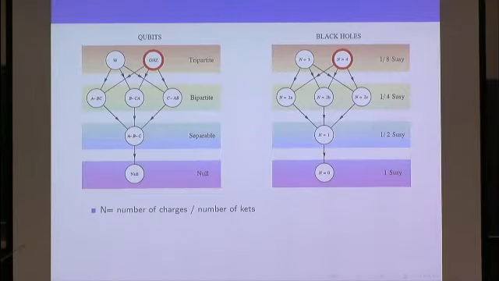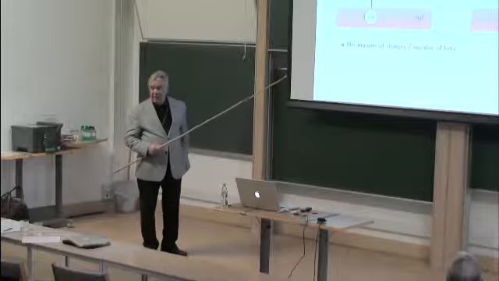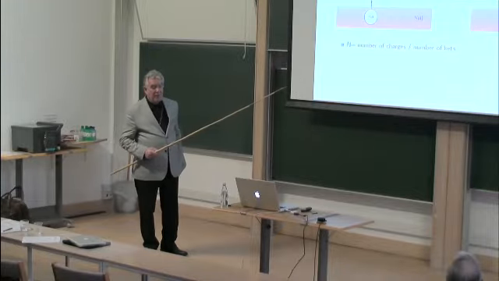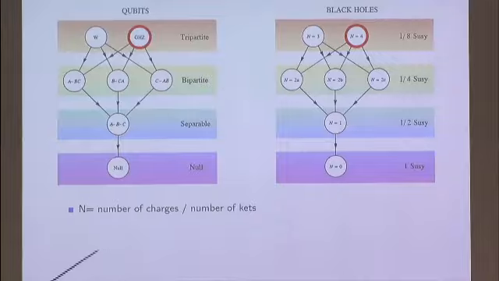There's a one-to-one correspondence between the way you classify the black holes and the way you classify 3-qubit entanglement. And one thing we discovered coming from the black hole direction is that the 4 ways of entangling 3 qubits are just the ranks 1, 2, 3, and 4 of the Freudenthal triple system.